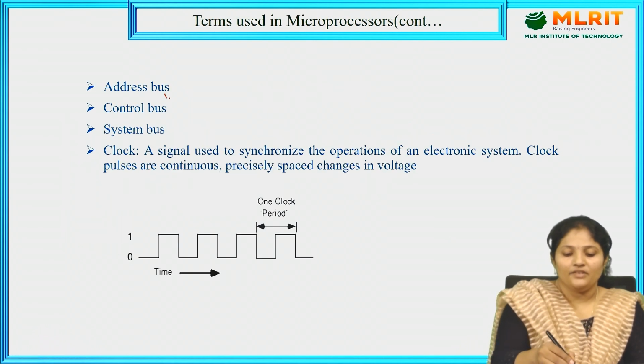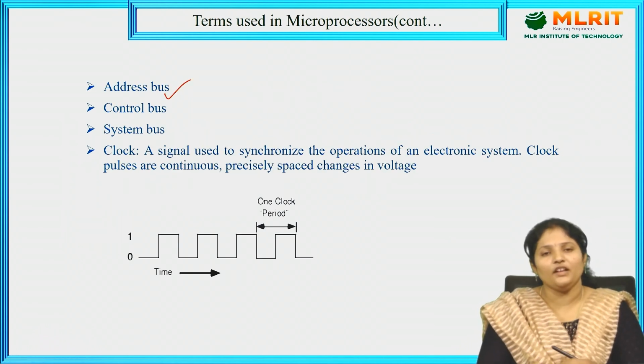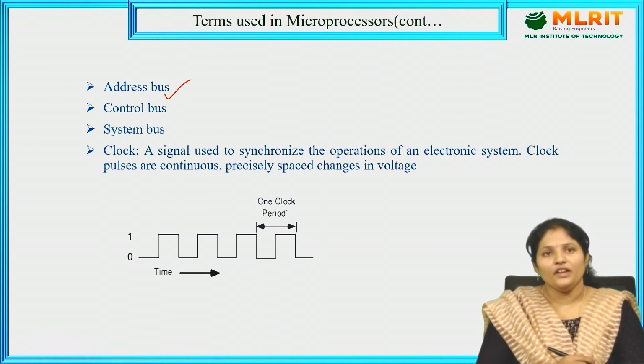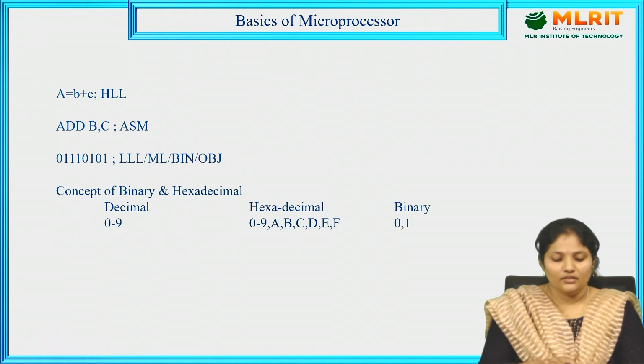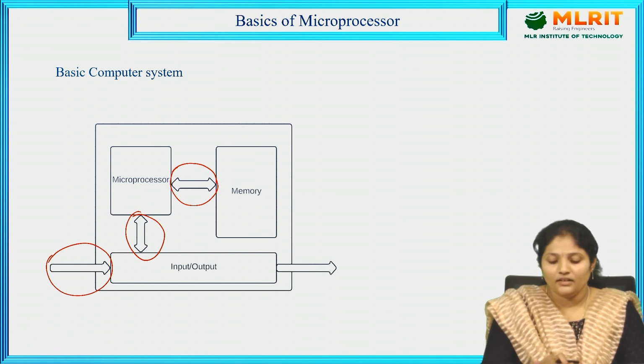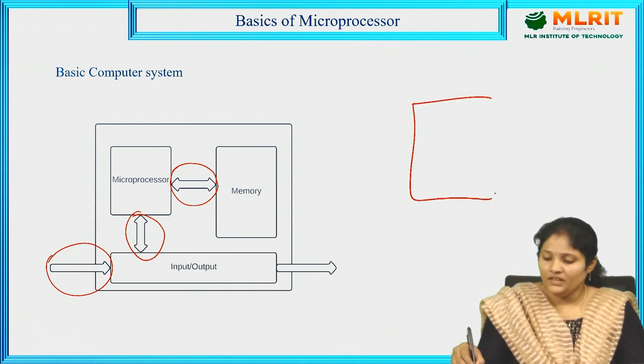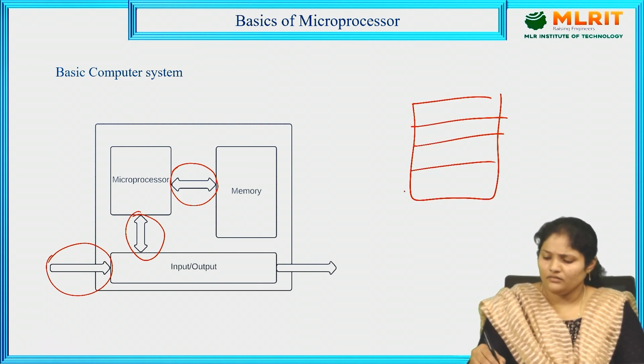Next one, address bus. What is an address bus? What is the necessity of having an address bus? I already told you that the microprocessor will fetch the instruction which is already present in the memory, right? The data in memory will be stored somewhere.